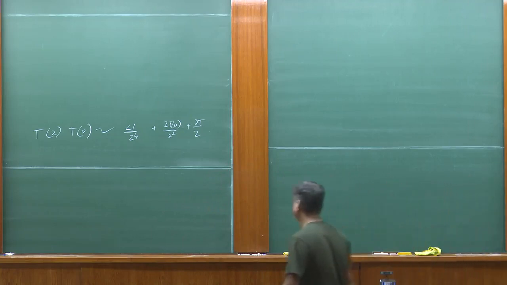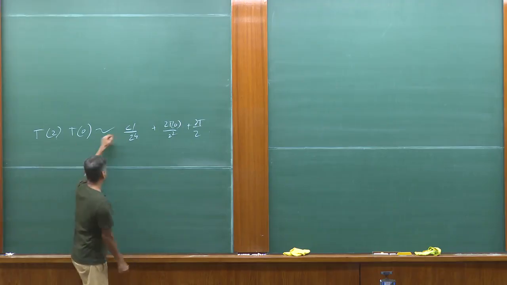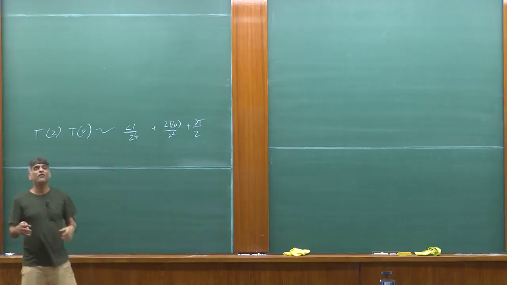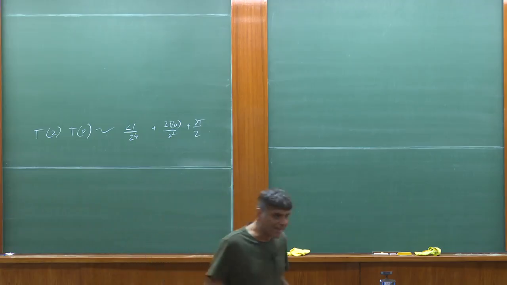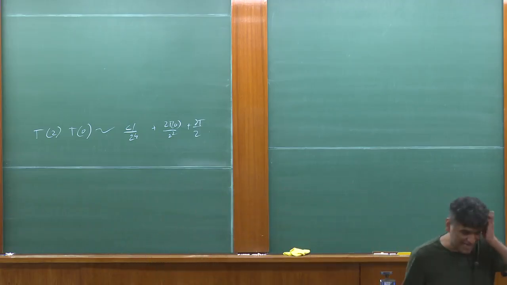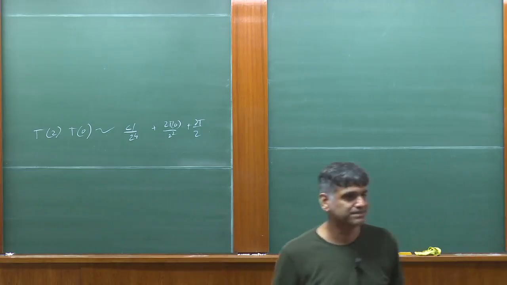The other thing that we needed to know was that this was a dimension 2 operator, and that in a unitary theory there were no operators of dimension less than 0. So this was an algebra of spin 2 holomorphic currents.